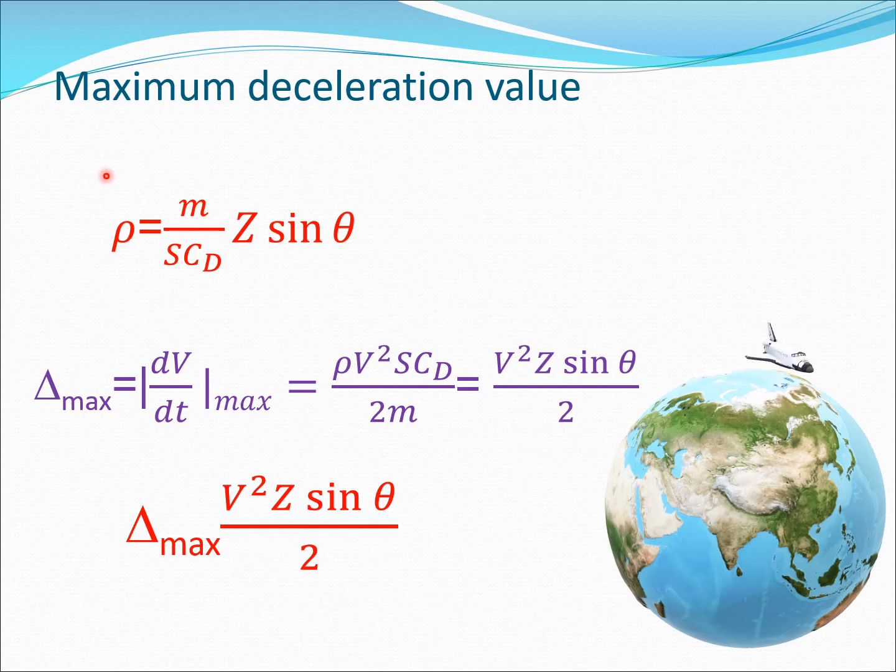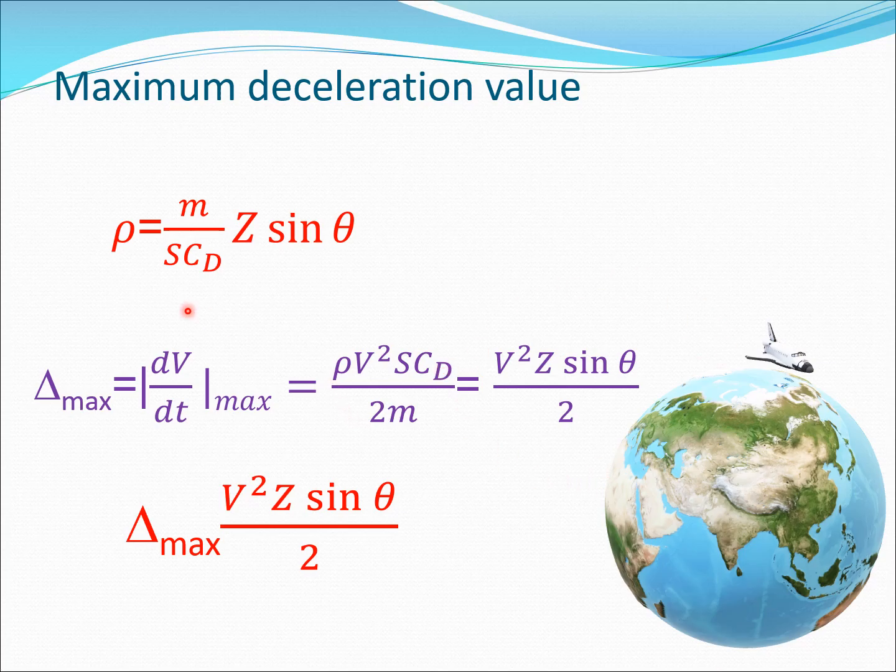So let's take this equation for rho, and now we are going to go back to our formula for the maximum deceleration value, or delta max. So dv by dt max is going to be rho v square scd by 2m. That was the general formula, and in that I substitute basically this formula here. So I get this formula here.